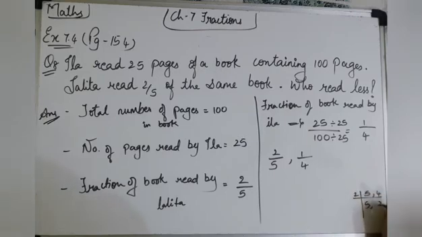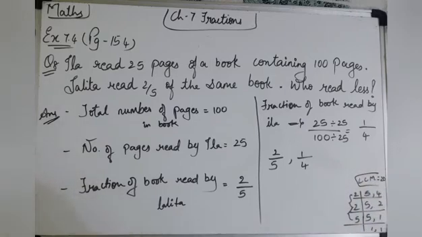So 2 2s are and 2 is there, so 2 1s are and 5 1s are. So 2 2s are 4 and 4 2s are 4 5s are 20. So LCM we got 20.